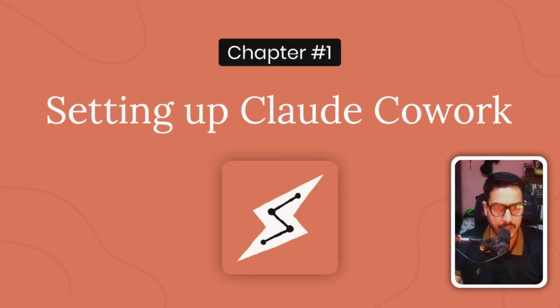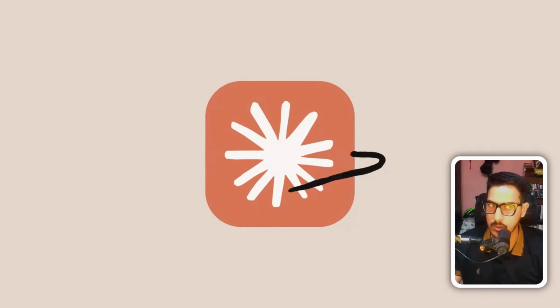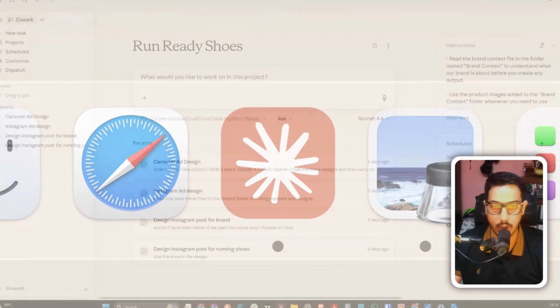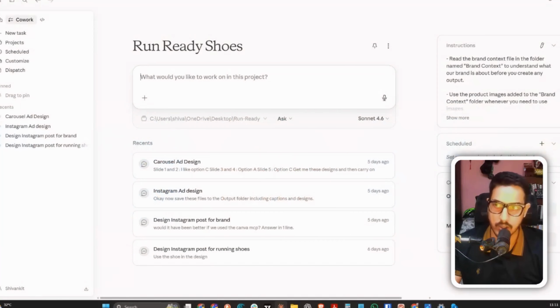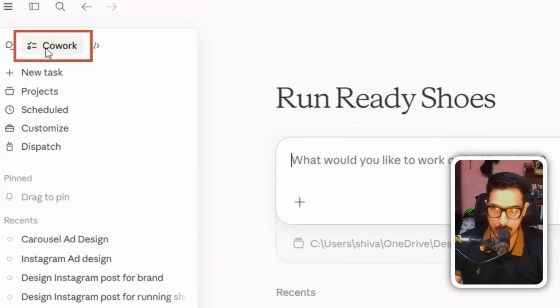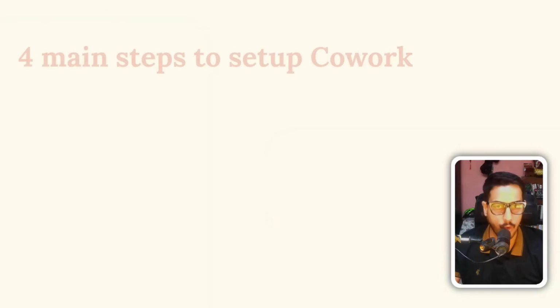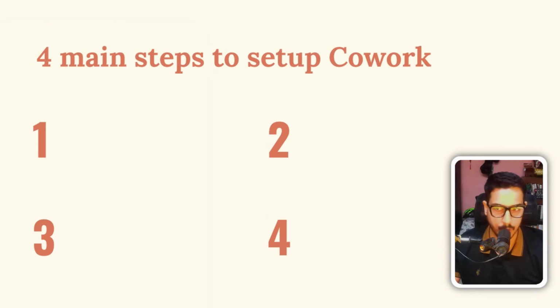The first step is setting up Claude Cowork. Now, one piece of information that you should know is that Claude Cowork works on a desktop app, not on your browser. So, on your desktop app, go to Cowork, go to Projects, set up a new project like I have for Run Ready right here. There are 4 main steps to set up Cowork.